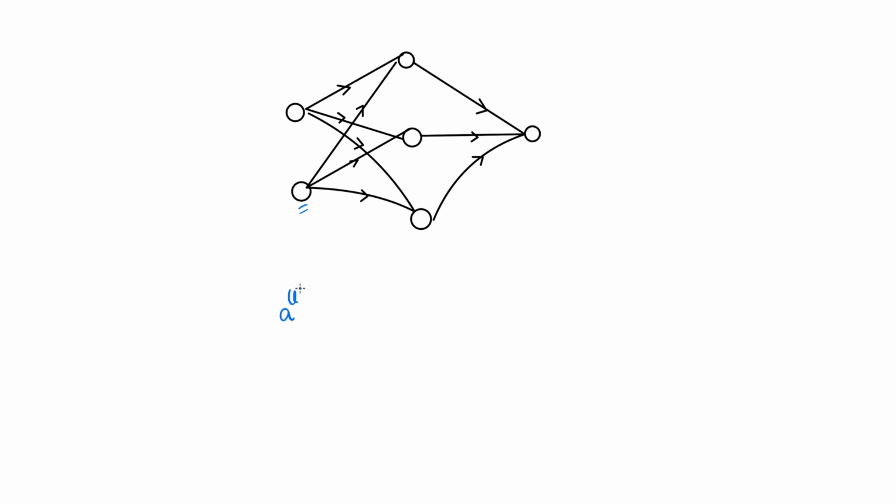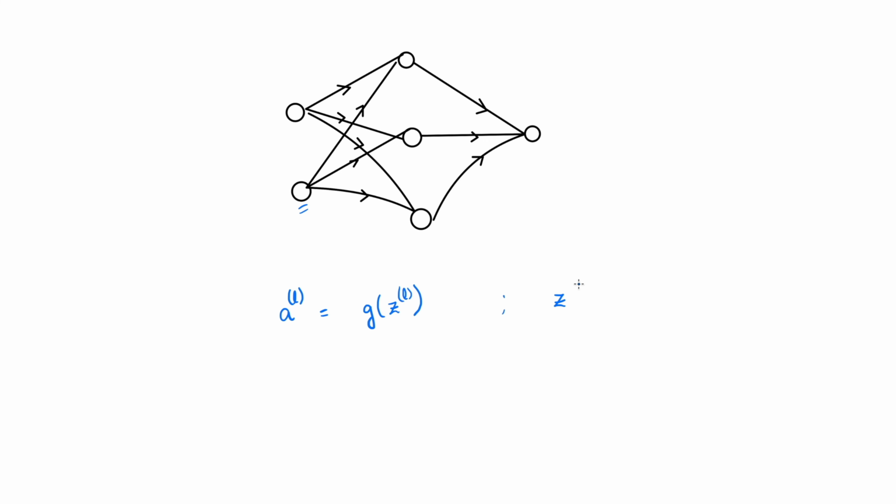Now we call these neurons for activations A at layer L, and this is given by a function. Now activation function is given by g of z, which is at the layer L. Now, what exactly is z term?